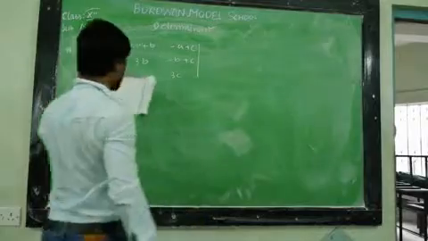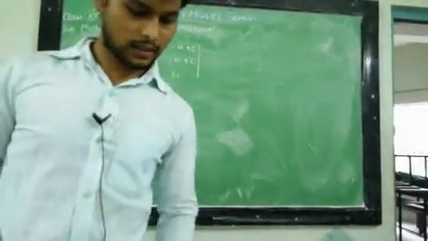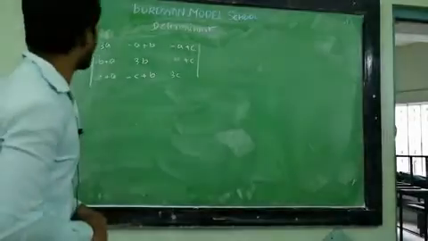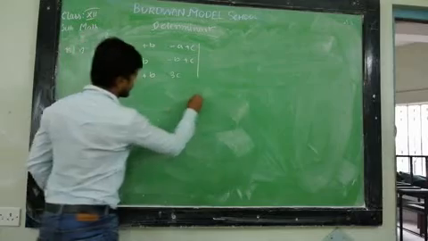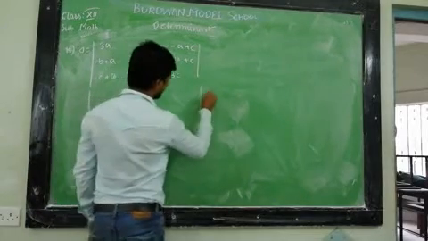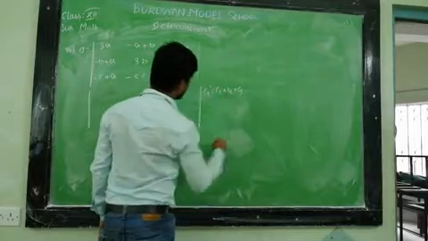We have to prove this is equal to 3 into (a plus b plus c) into (ab plus bc plus ca). Now look, if you do an operation like C1 becomes C1 plus C2 plus C3.